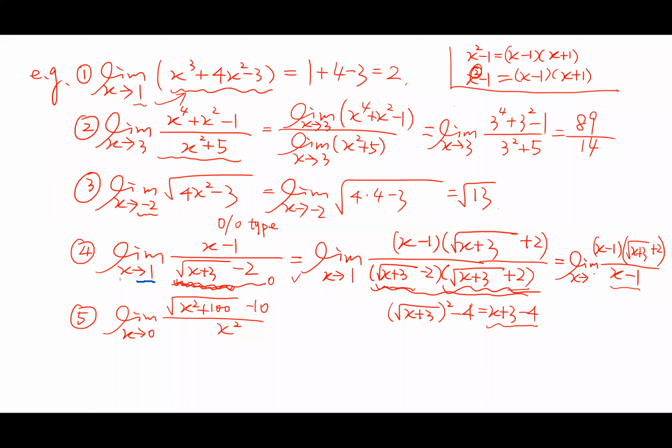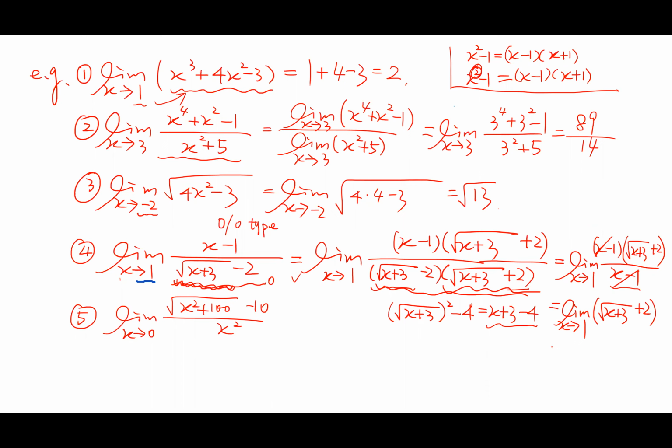Okay. So other questions here? No, ma'am. Okay. So here we have the same factors, that is x minus 1, right? So they can be canceled, right? So we know that equals, as x approaches 1, the function square root of x plus 3 plus 2.